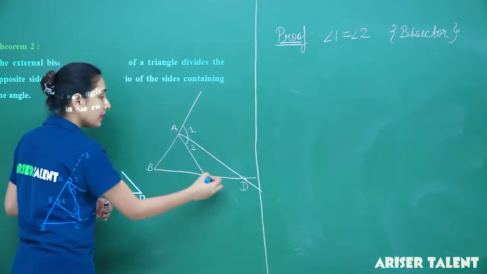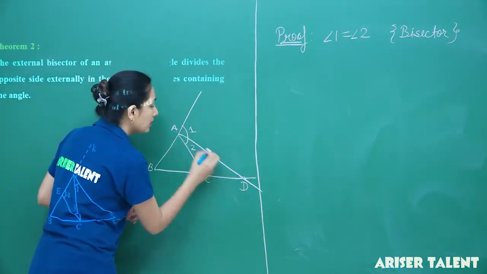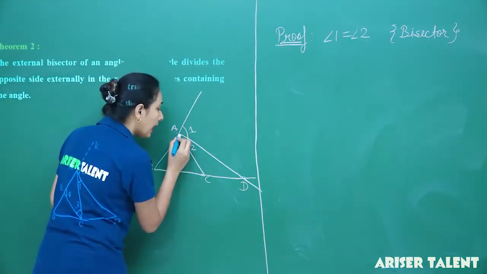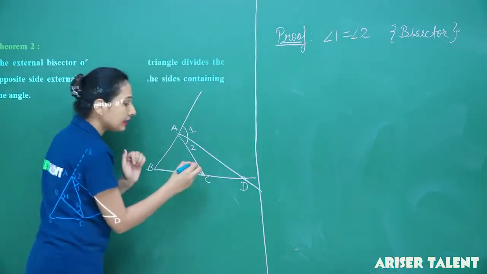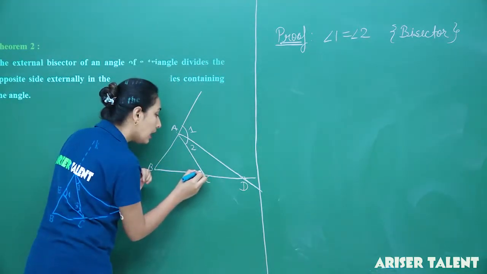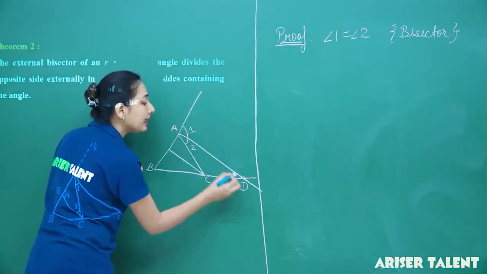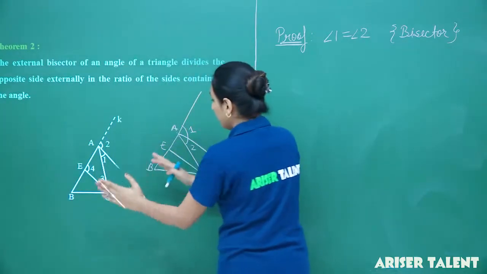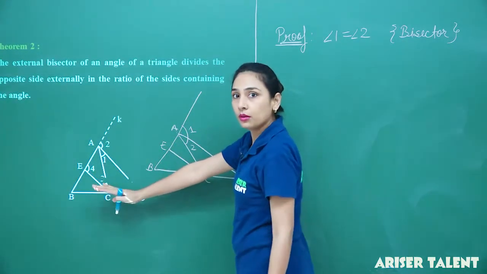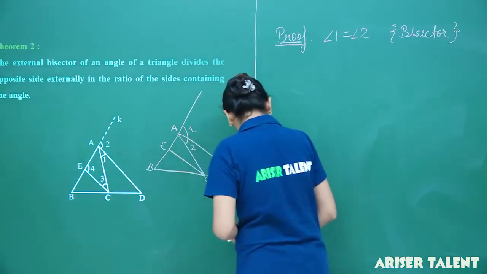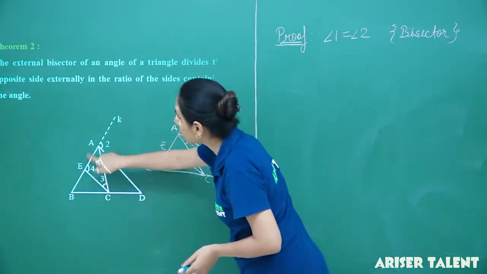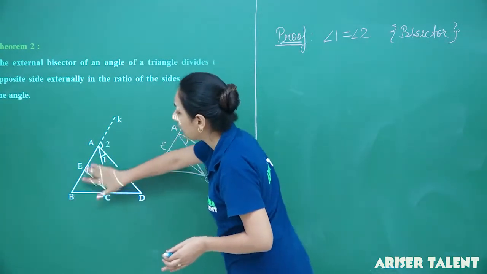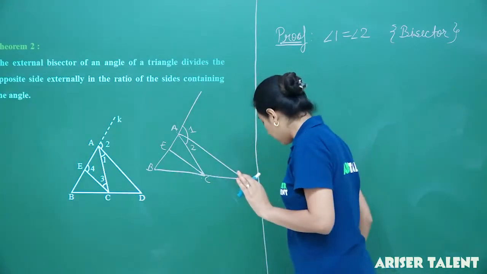So now this is the bisector, and this is the extension, okay. Now what I have done, from point C, I have drawn a line parallel to AD, okay, and I named that point E. So this is the same diagram I have mentioned to you here. So, do not be confused in the construction part, because this is not the triangle we are talking about. The original triangle is this ABC, as we always take, right.